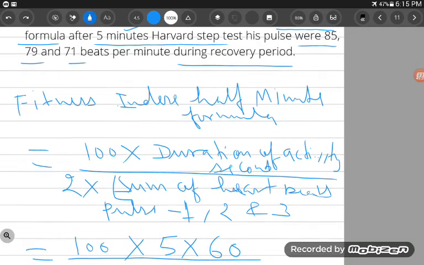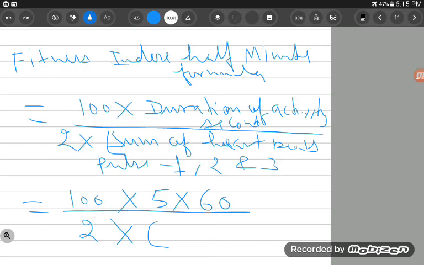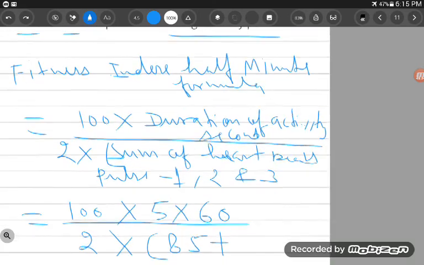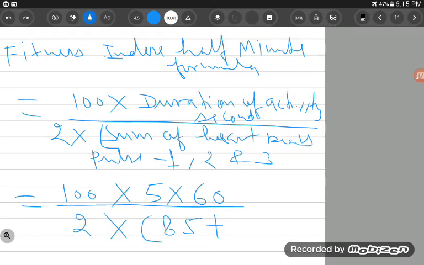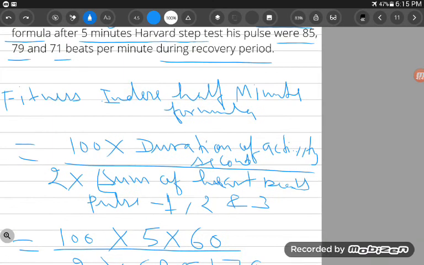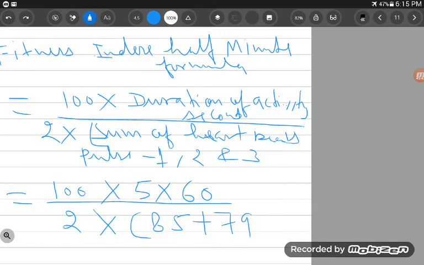The first pulse is 85, second is 79, and third is 81.